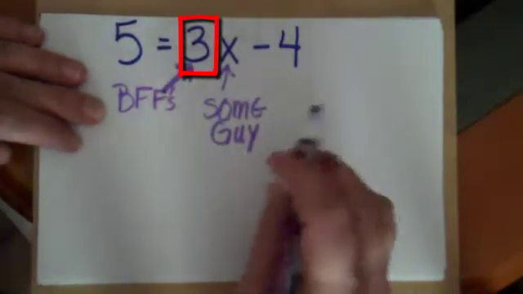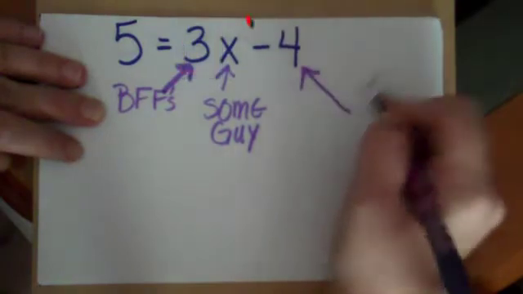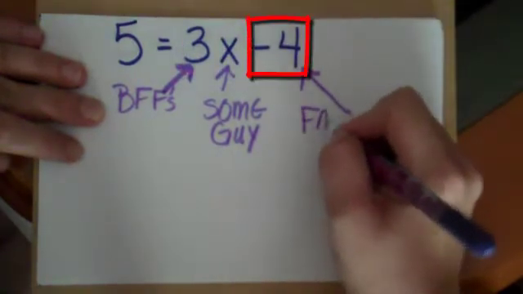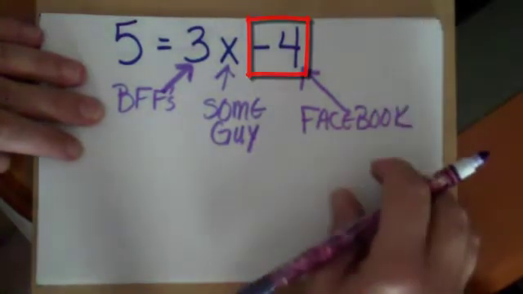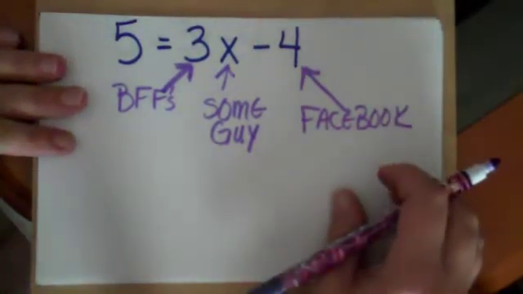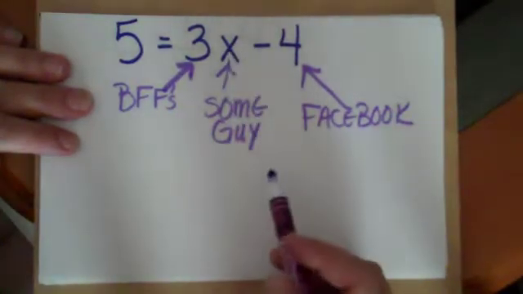These are the guys that are there for him no matter what. These guys over here, they're what we call Facebook friends. Those friends that you're friends with, but they don't hang out all the time, right? So, this guy, X, he's having a party.